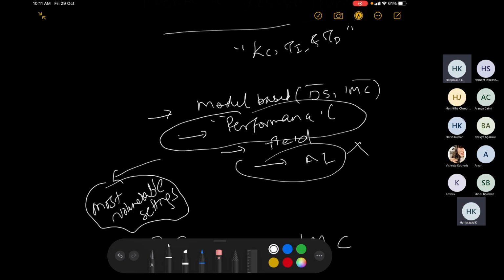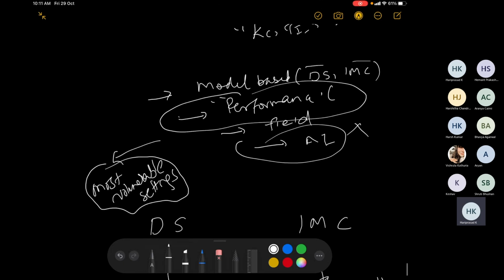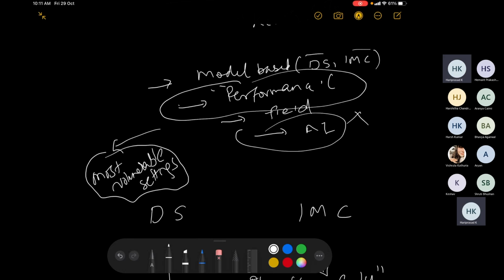But you really don't know if those settings are suitable to you or not. Nevertheless, it's always good to understand it, because people have documented it after multiple experiments. But as I told, this is the most vulnerable one, because these may not specifically use any of your process information.